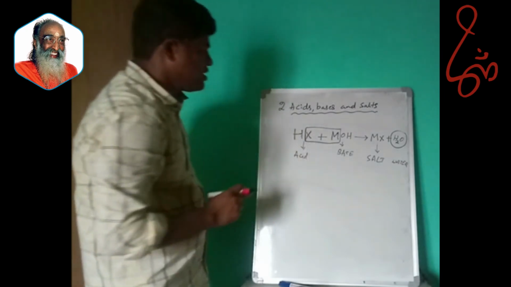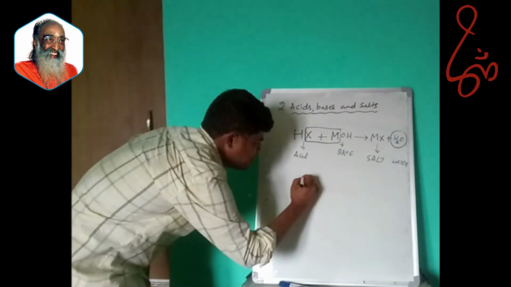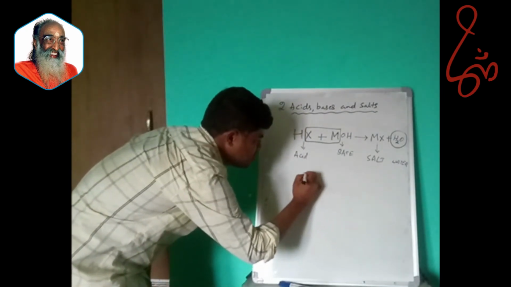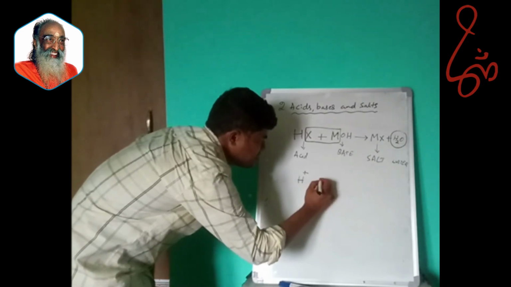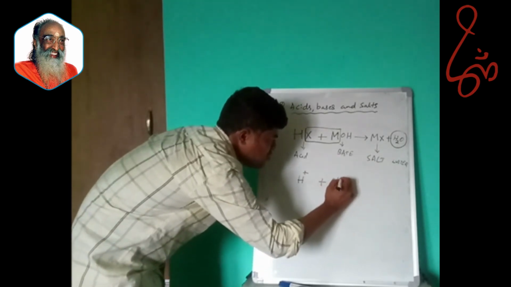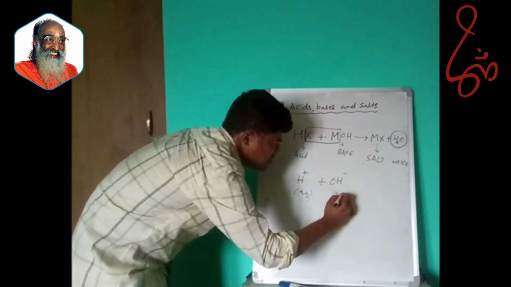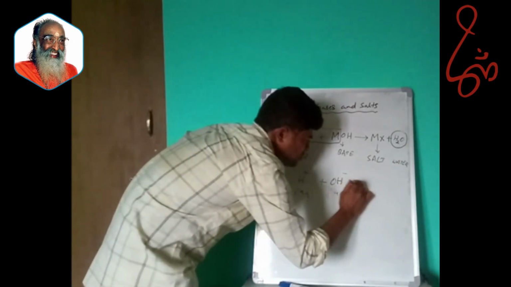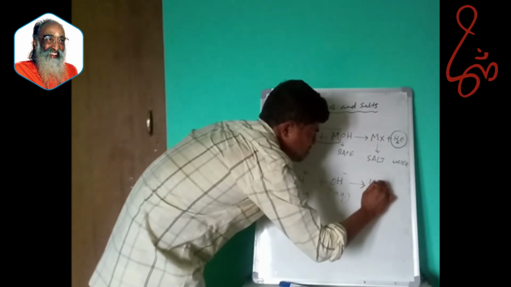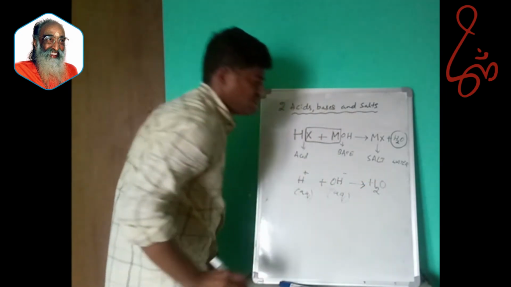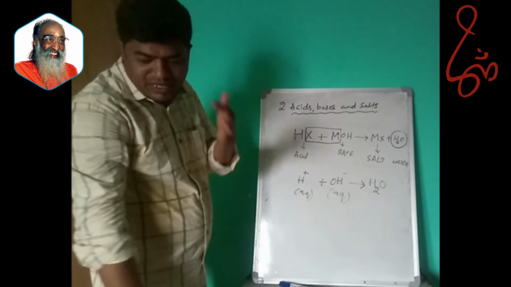How did you get water here? Because acids when dissolved in water give rise to H plus ions, and bases when dissolved in water give rise to OH minus ions. Aqueous, they both combine to give what? To give water.